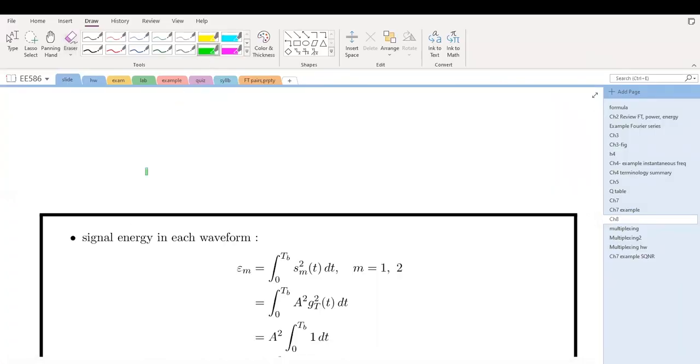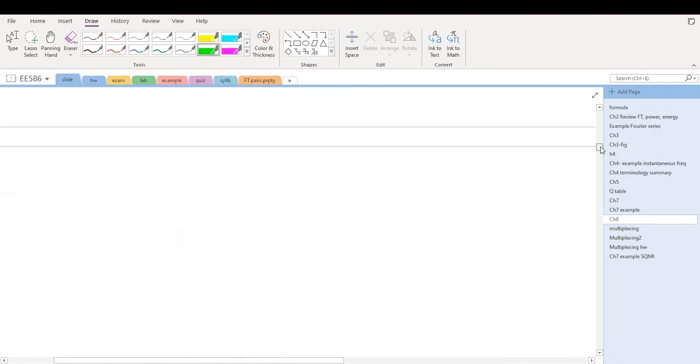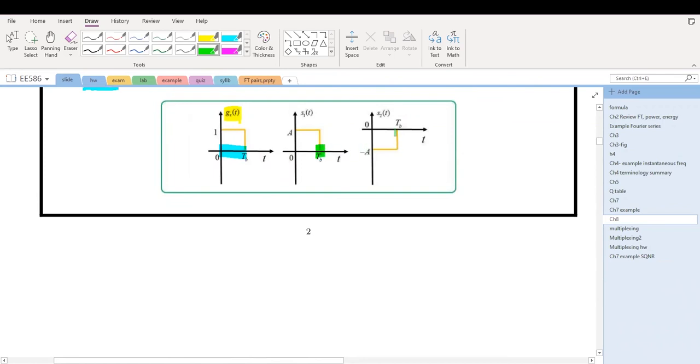Next, let's look at the signal energy in each waveform. This is the energy E_m, m equals 1 or 2. So we do the integral from minus infinity to infinity of the signal squared. But for both s1 and s2, the signal only has values from 0 to T_B.